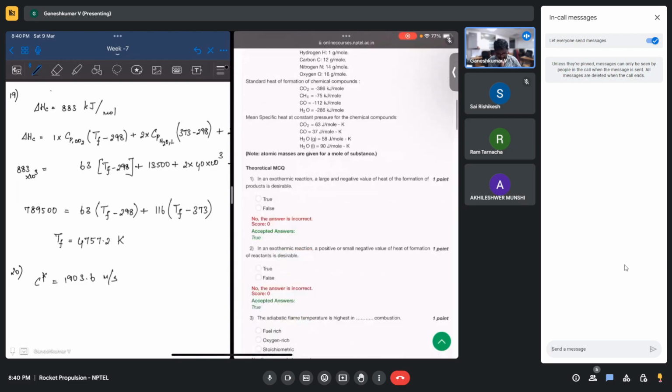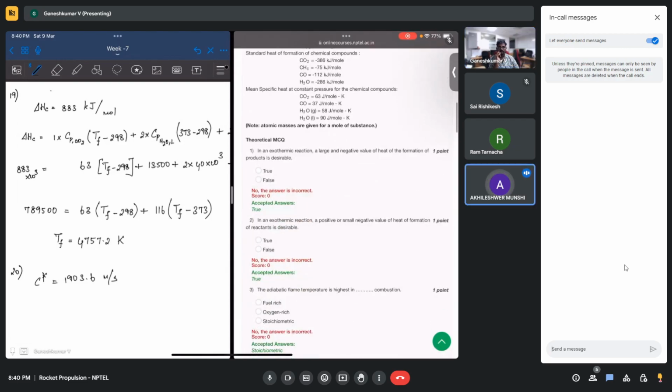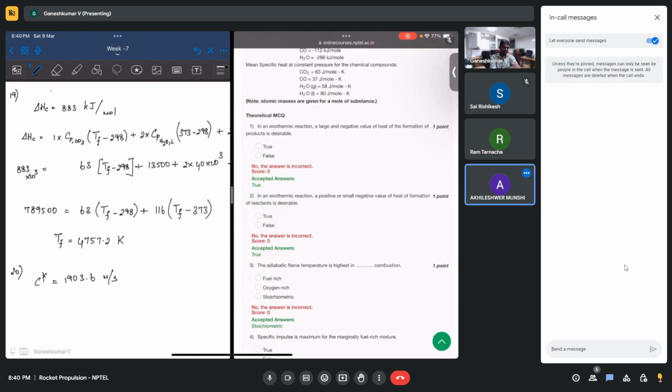Basically it depends upon the system you use. Sometimes even oxidizer-rich will give you the highest adiabatic flame temperature, but here the question is simply in which combustion the adiabatic flame temperature is highest. It depends upon a lot of aspects.